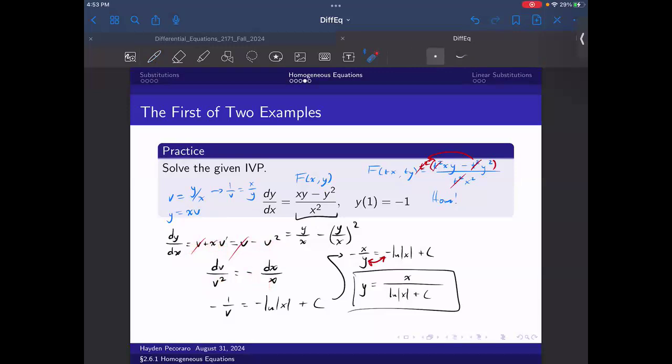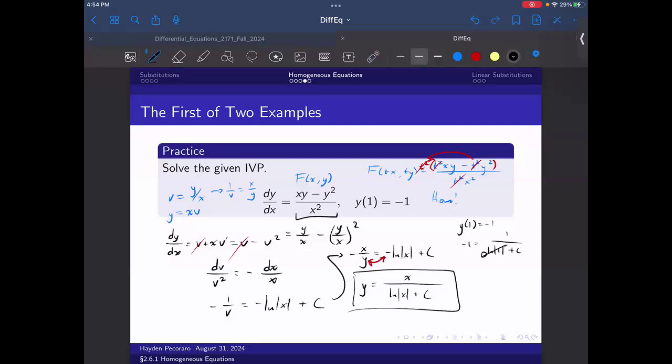All right. Now, are we done? It's good that we found our general solution, but what are we solving? Yeah, we have an IVP, so we have that initial condition that we need to check. So y of 1 should equal -1. All right, well, y of 1 is 1 over natural log absolute value of 1 plus c.